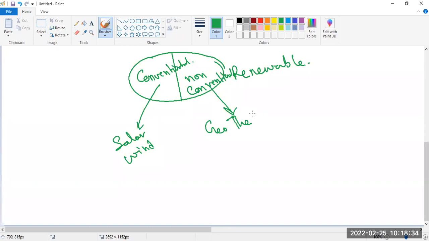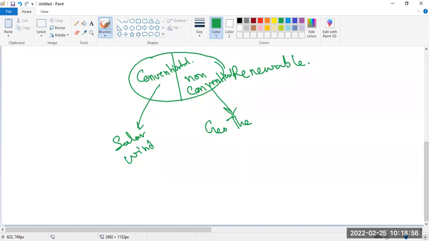No, coal is totally different. This is also coming from conventional. Conventional means these types of things are used in a general way, and we are habituated with this. Non-conventional is not for general purpose.